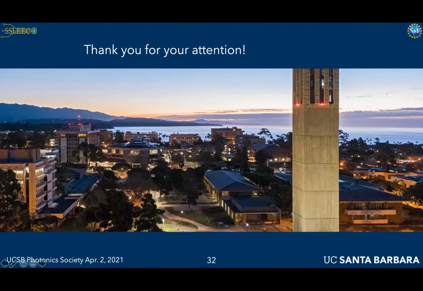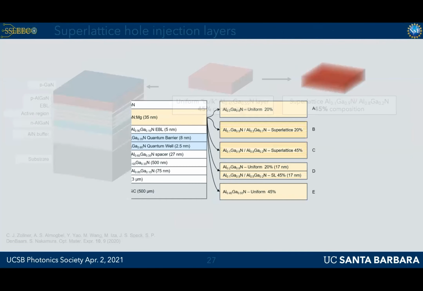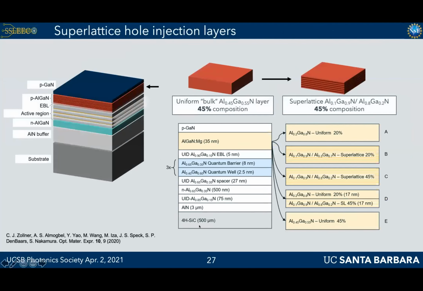And so you mentioned how you're using a P-GaN layer on top of your P-AlGaN because you're not getting holes, right? Because of the high activation energy. But I was wondering, did you look into using a tunnel junction on that contact layer instead?